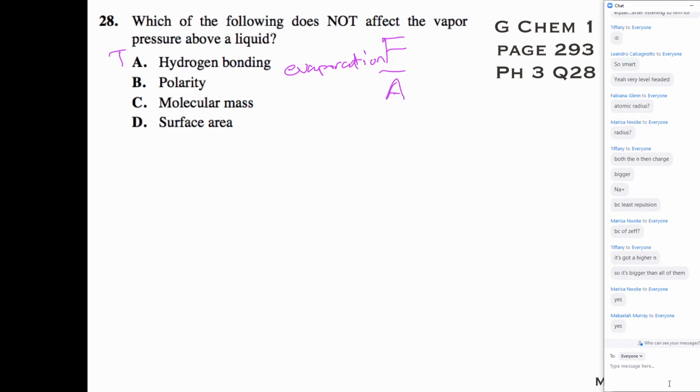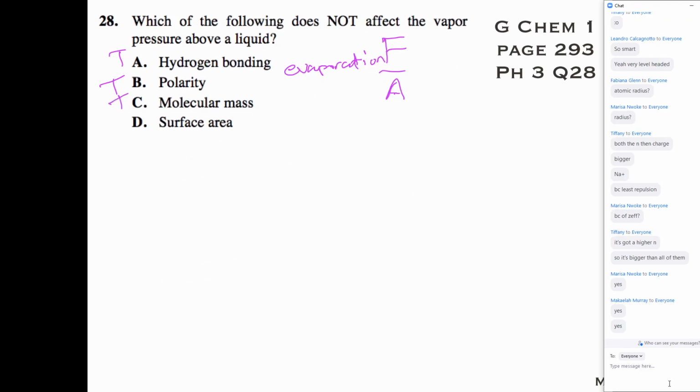Sure. Will molecular mass, will heavier molecules be harder to remove than lighter molecules? So only one choice left. Why does surface area not matter? If you have twice as much area, don't you have twice as much vaporizing?